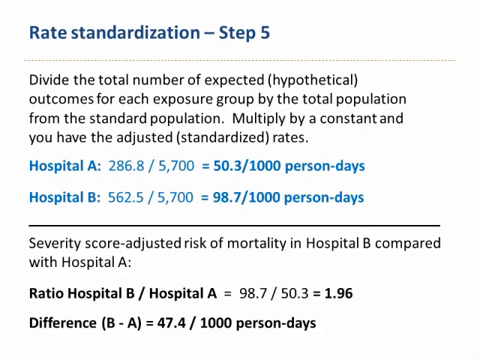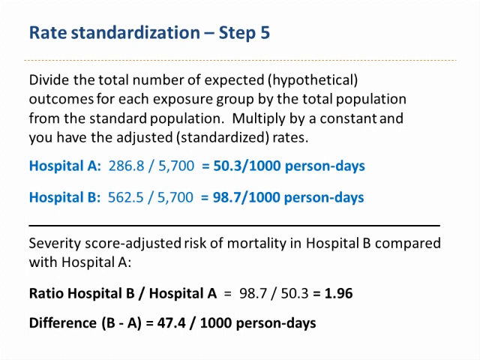For Hospital A, the expected number of deaths is 286.8, and we divide this by 5,700, which is the number of person days in the standard population, and get a severity score adjusted mortality rate for Hospital A of 50.3 per 1,000 person days.